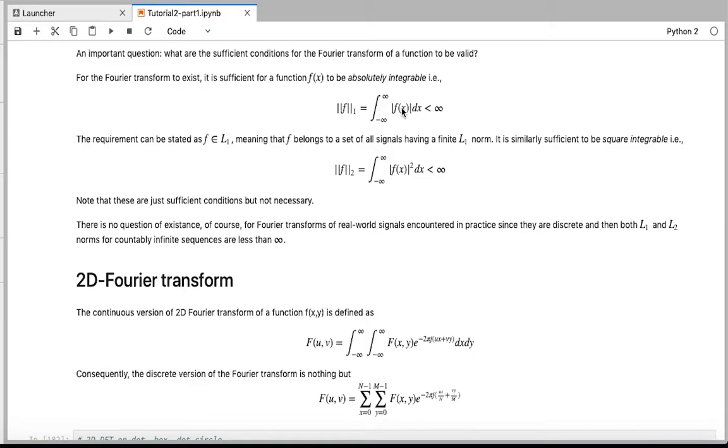It doesn't go below. There are some ways to get the Fourier transform of that, so it exists, right? But these are sufficient conditions, not necessary. If you have a function which is either absolutely integrable or square integrable, then the Fourier transform of such functions exists in continuous space.